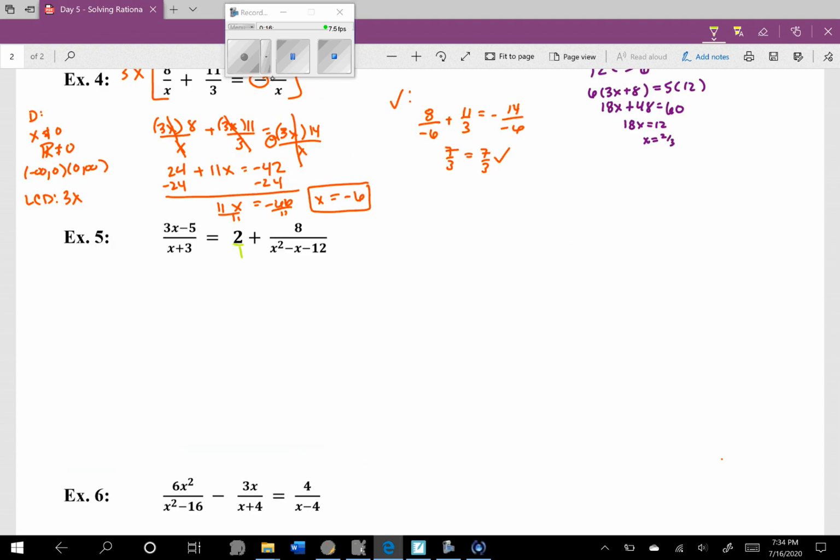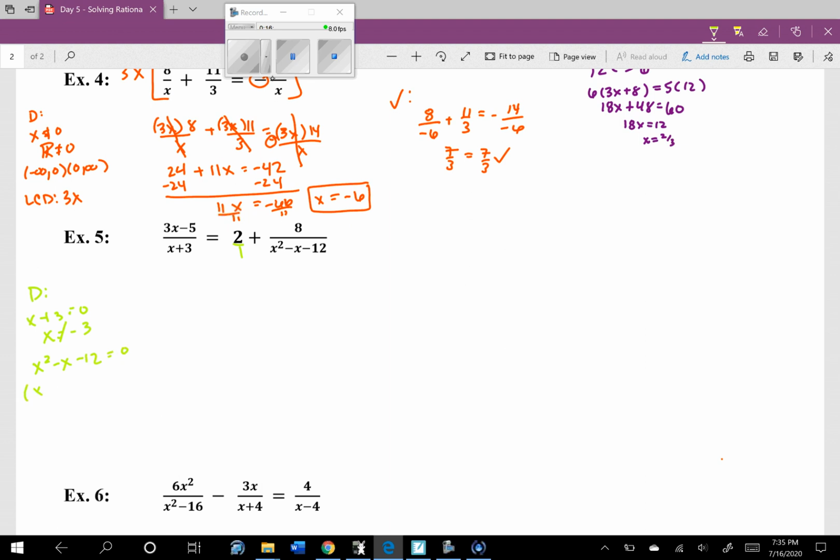All right, so the next one, this is over 1. First we want to find the domain, set each denominator equal to 0 and solve. So here we get x equals negative 3, so that means x can't be negative 3. 1 doesn't equal 0, so we don't do anything with that one. Here we need to factor. So x squared minus x minus 12 equals 0.